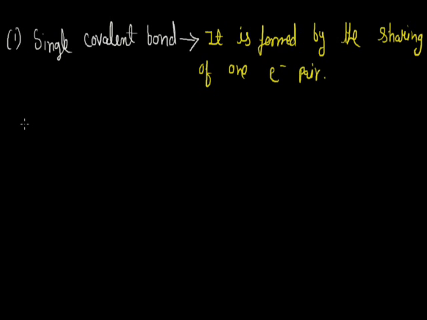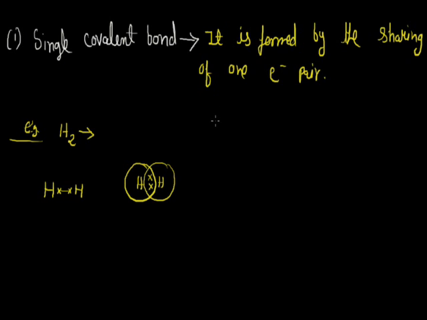Example: the simplest example is hydrogen, H2. This is a hydrogen with a single electron, and another hydrogen with a single electron, sharing one electron. Now we take the example of Cl2.